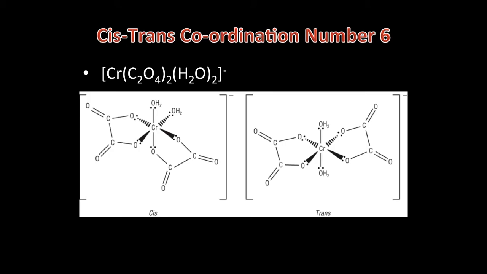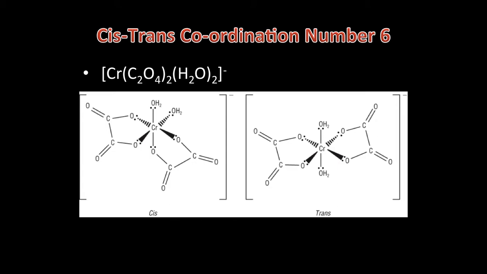Octahedral complexes containing 2 bidentate ligands and 2 monodentate ligands can also show cis-trans isomerism due to restricted rotation. The slide shows the cis and trans isomers of [Cr(C2O4)2(H2O)2] with an overall charge of -1.